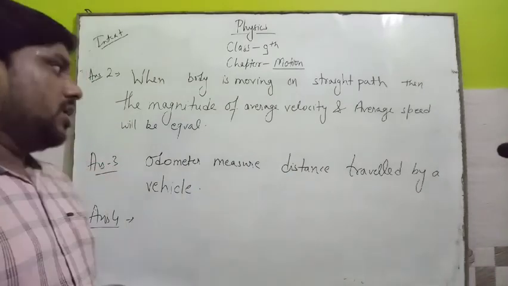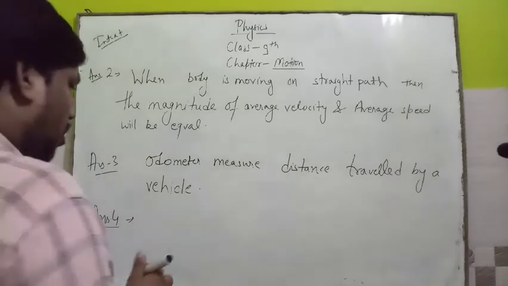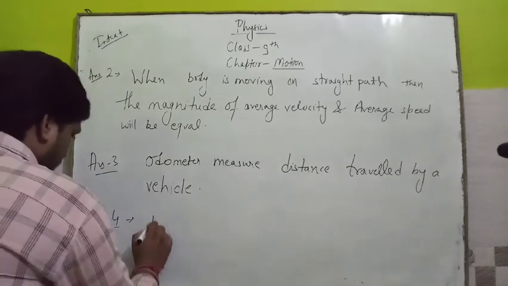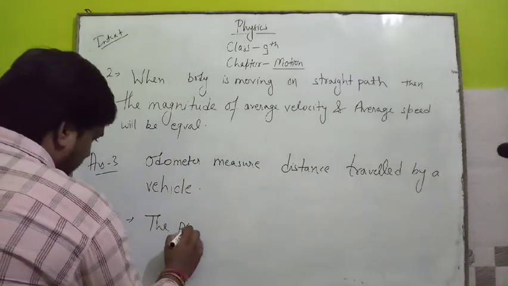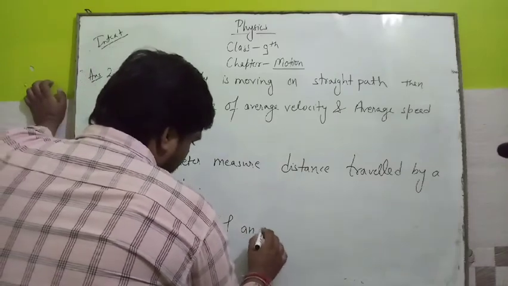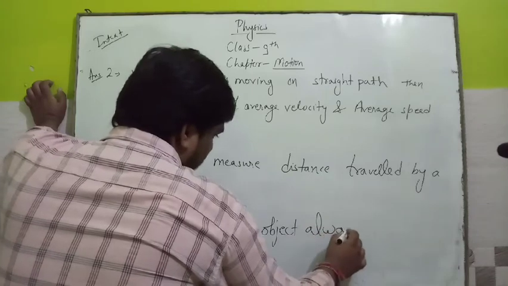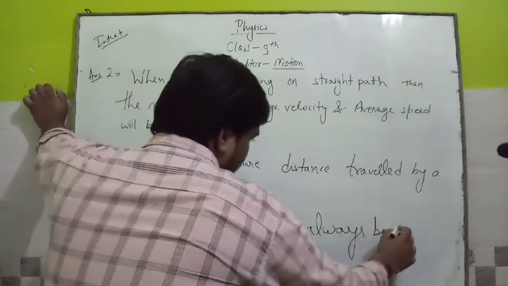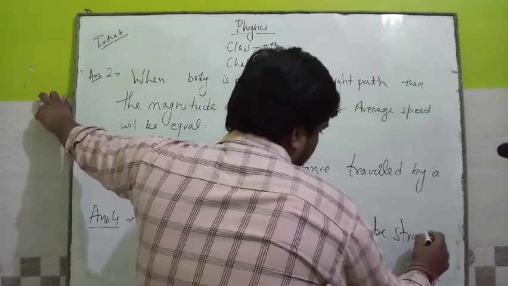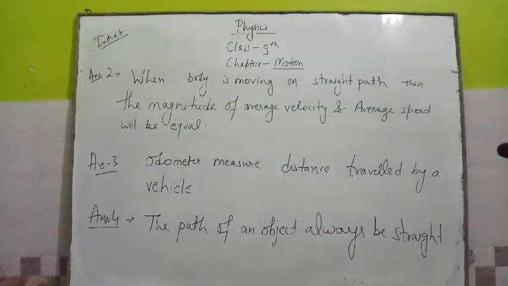So the question is asking what the path of the object looks like: the path of an object is always straight. Clear? This is your answer 4. Clear? Okay, note it.